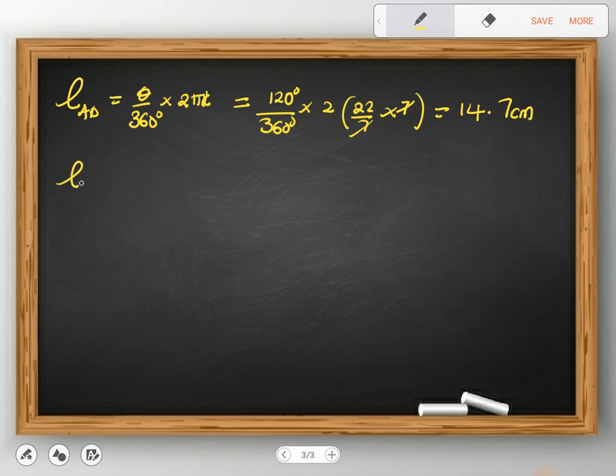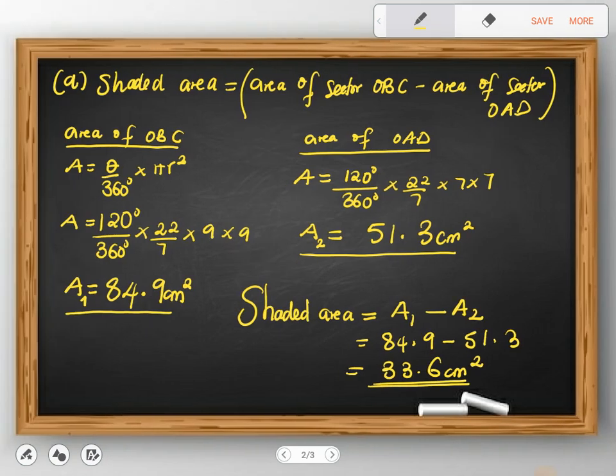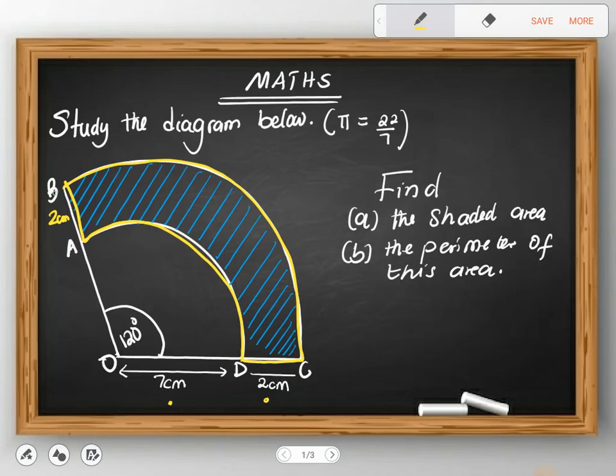Then now let's find length BC. Length BC is still theta over 360 degrees multiplied by 2 pi r. The angle is still the same, 120 over 360, and pi is still 22 over 7. Now the radius is no longer 7, but because we're talking about BC, it will be OC, which is 9.